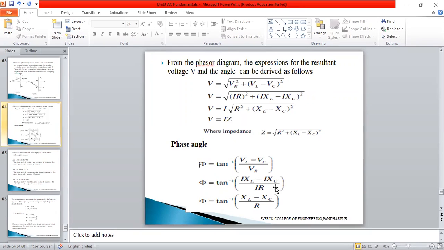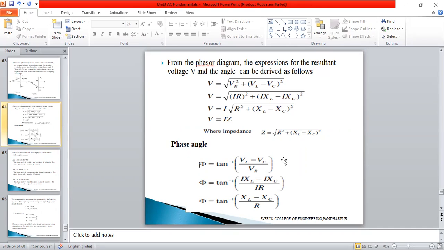One more equation you write down: power factor cos phi equal to VR by V.